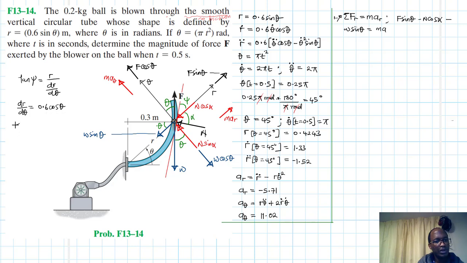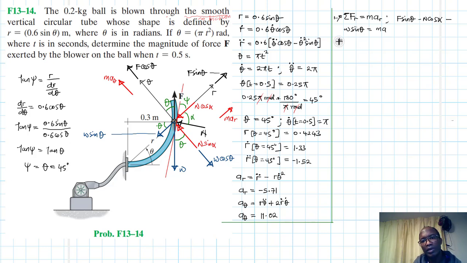Alright, so dividing the two, we have tan psi is just equal to 0.6 sine theta divided by 0.6 cos theta. Therefore, tan psi is just equal to tan theta. So psi is just equal to theta, which is just equal to 45 degrees. Great.